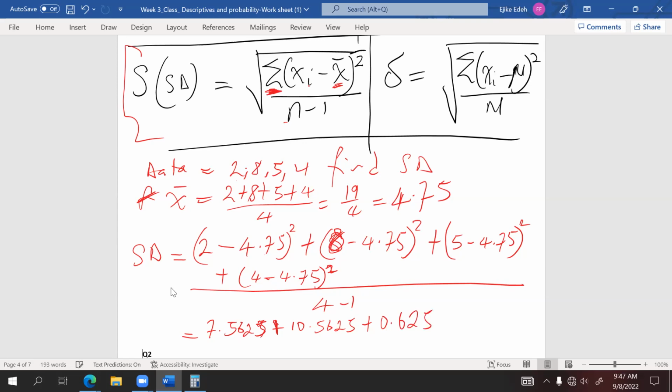And then the last one, 4 minus 4.75 raised to the power of 2: 0.5625. Thank you.